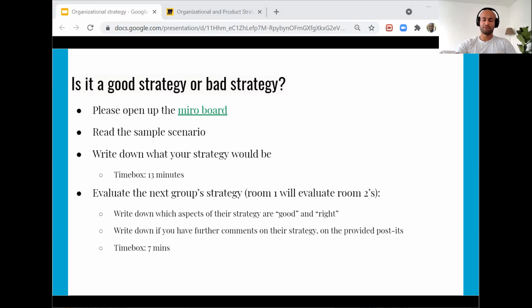Okay, so please open that Miro board in the chat and read that sample scenario. We're going to walk you through a scenario, and we want to see how we can create a strategy together, how we can create a lean canvas together.